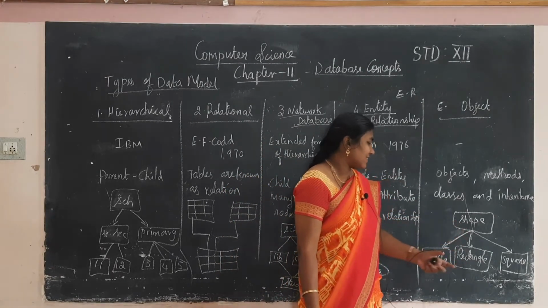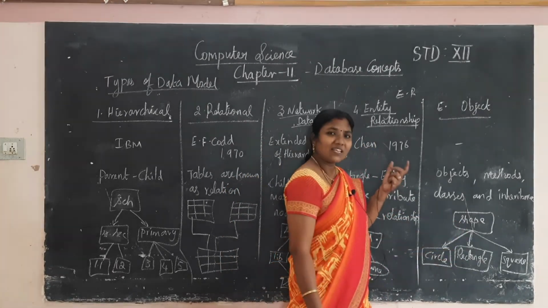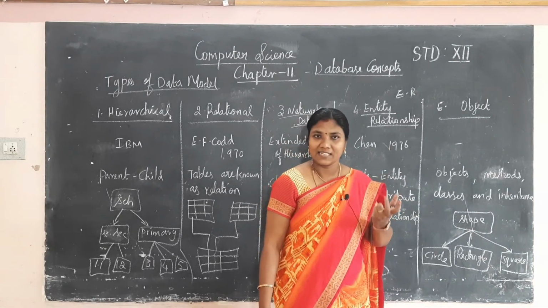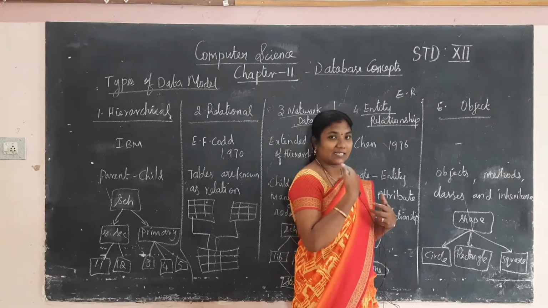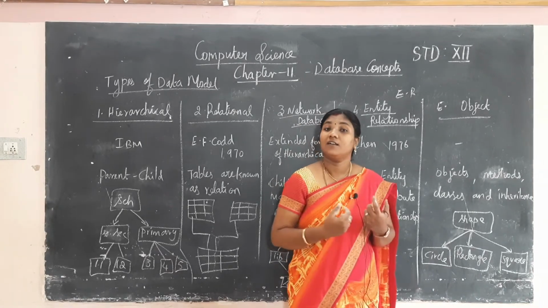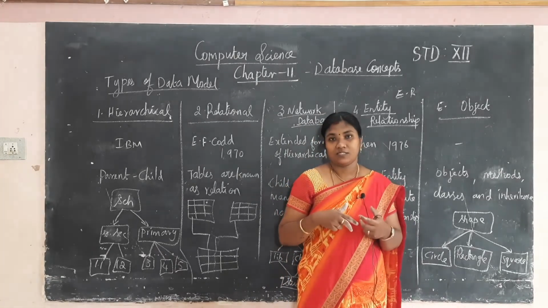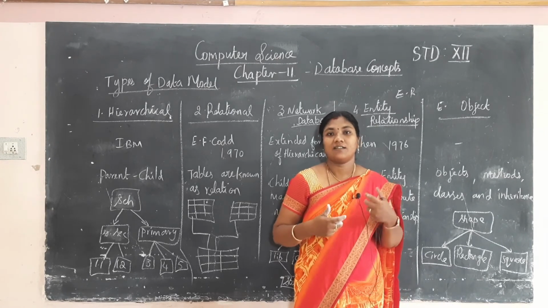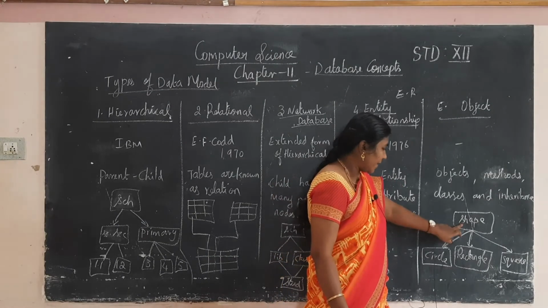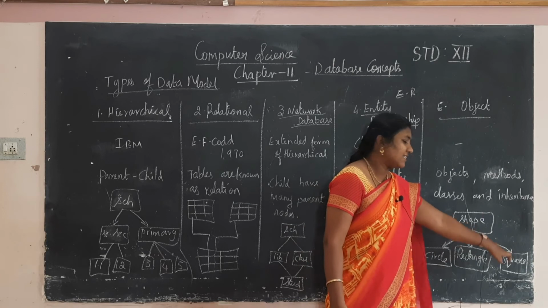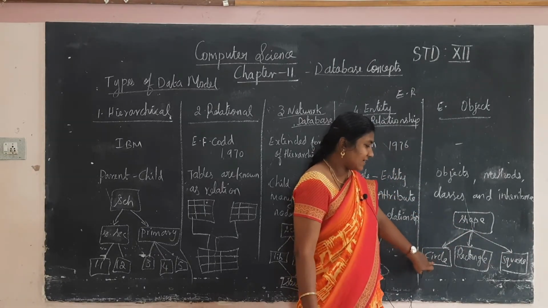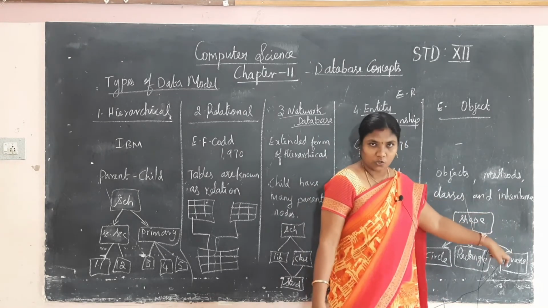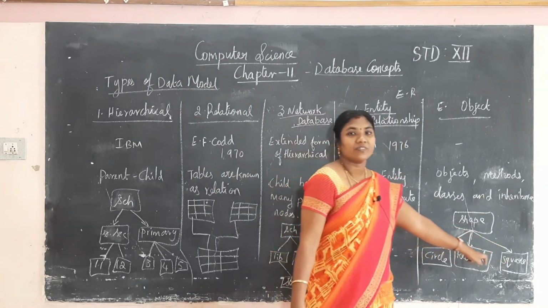You know what a class, an object, and inheritance are, and you have learned the types of inheritance, like hybrid inheritance, in the 11th standard. Take shape, circle, rectangle, square. Shape is the object, and within it I can have circle, rectangle and square, which are the entities.